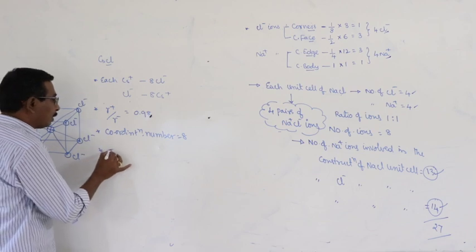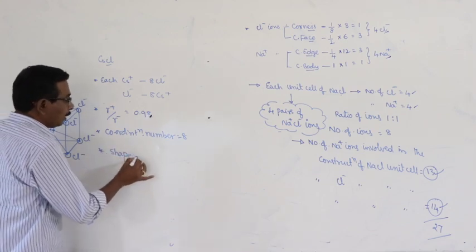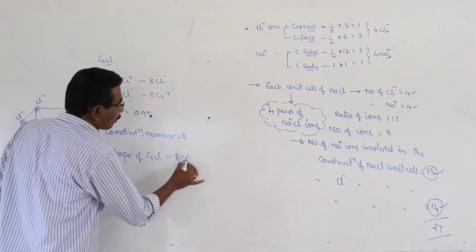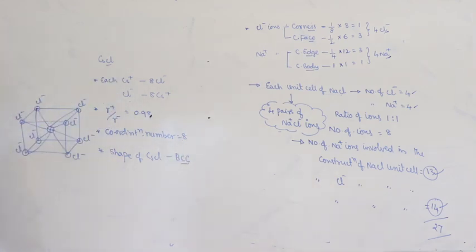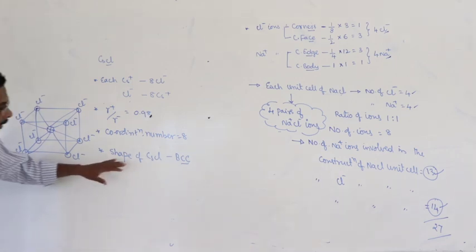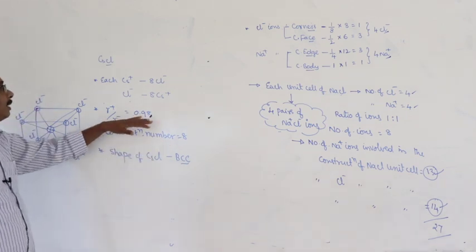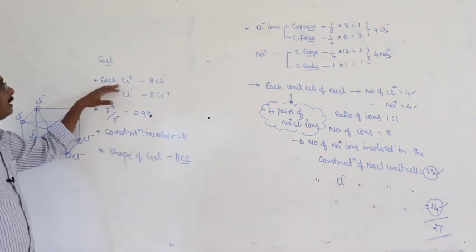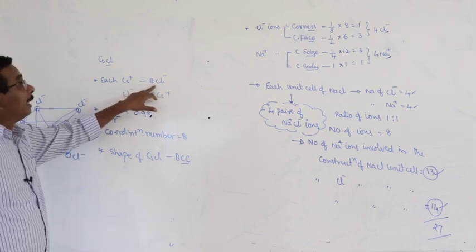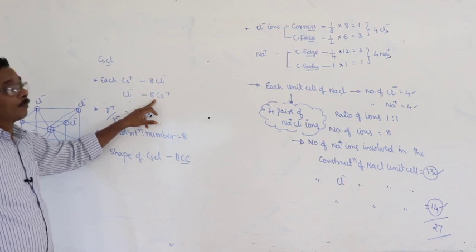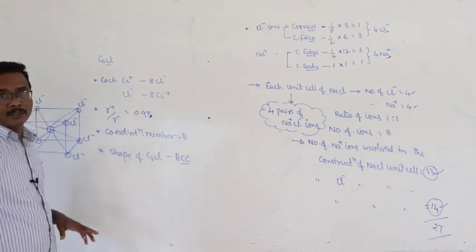And therefore, the shape of cesium chloride crystal is body centered cubic crystal. Body centered cubic crystal, coordination number 8, limiting radius ratio 0.98, and each Cs plus ion is surrounded by 8 Cl minus ions, and each Cl minus ion is surrounded by 8 Cs plus ions.